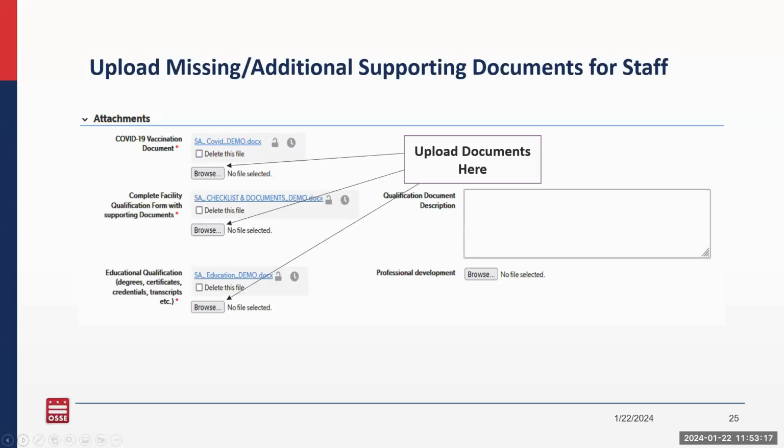For example, proof of educational credentials must be uploaded in the educational qualifications field of the attachment section. Save each staff record after updating before proceeding to update additional staff records.